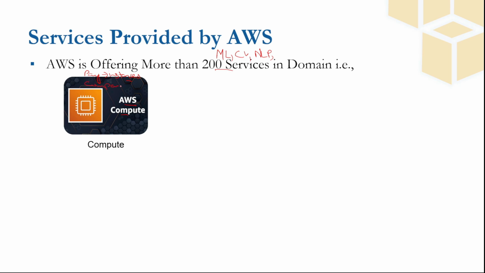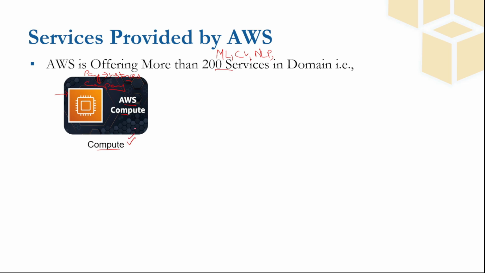And if you take AWS, it will make sure that you only use it and you only pay for it when you are required to pay, right? So they do not make you pay for something you don't use. So that is another important point when we are talking about AWS. You only pay according to your needs, right? So AWS Compute is one of the major services that is used a lot when we are talking about AWS.